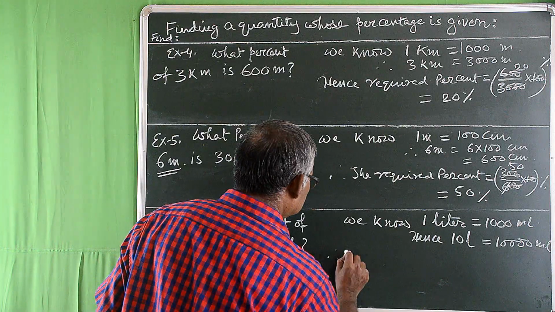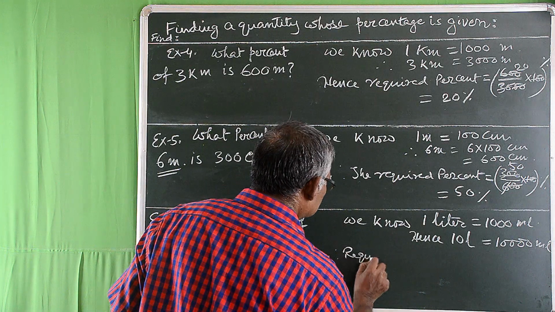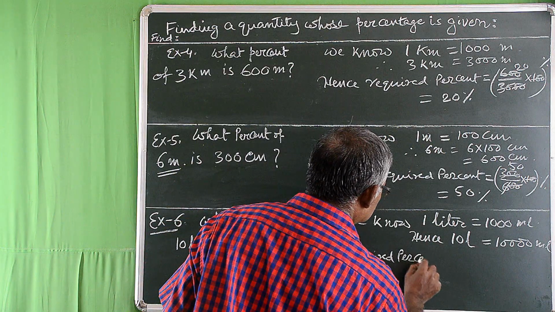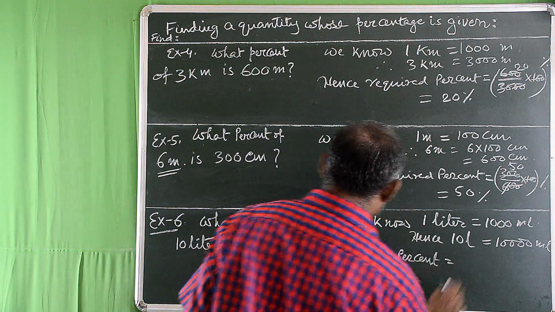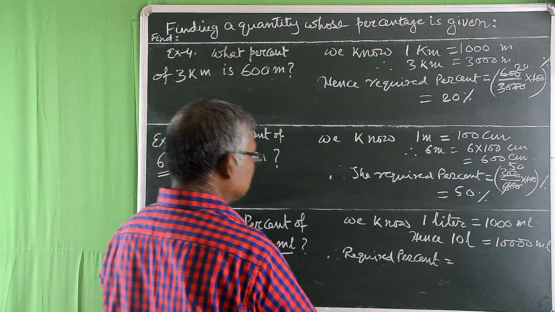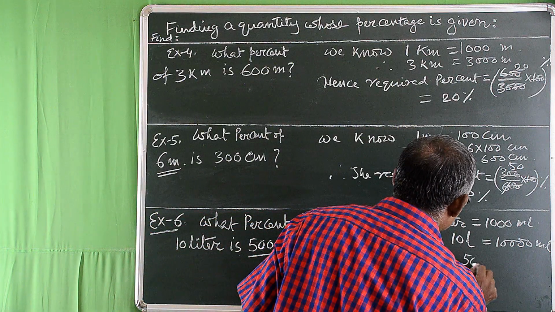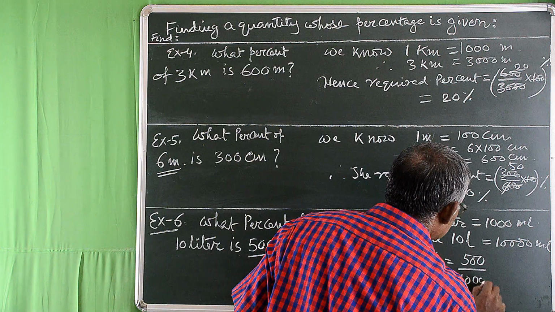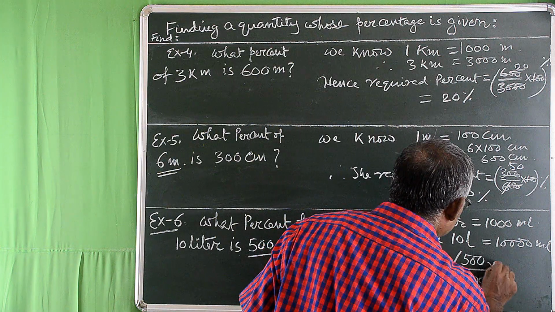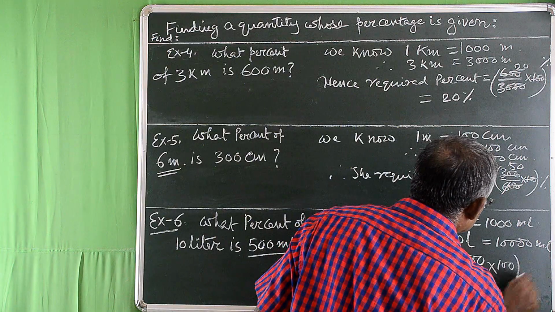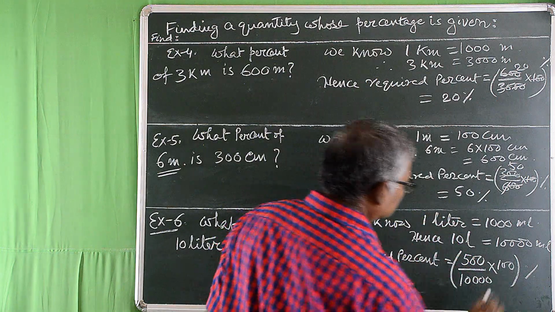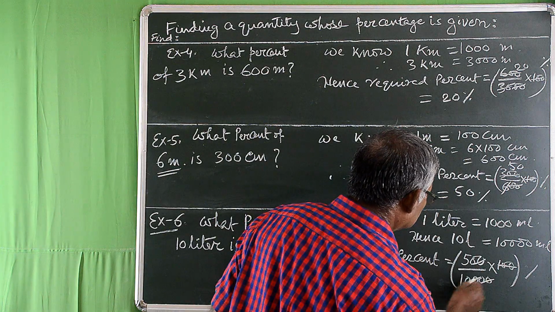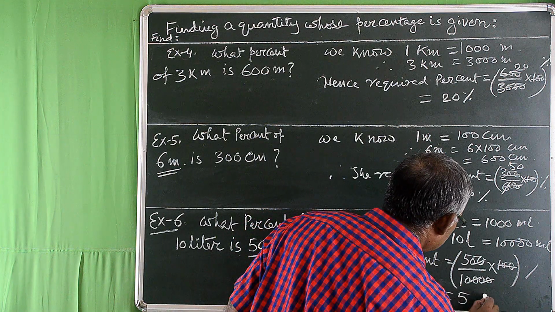Therefore, required percent equal to y by x, that is 500 by 10,000 into 100% equal to 5%.